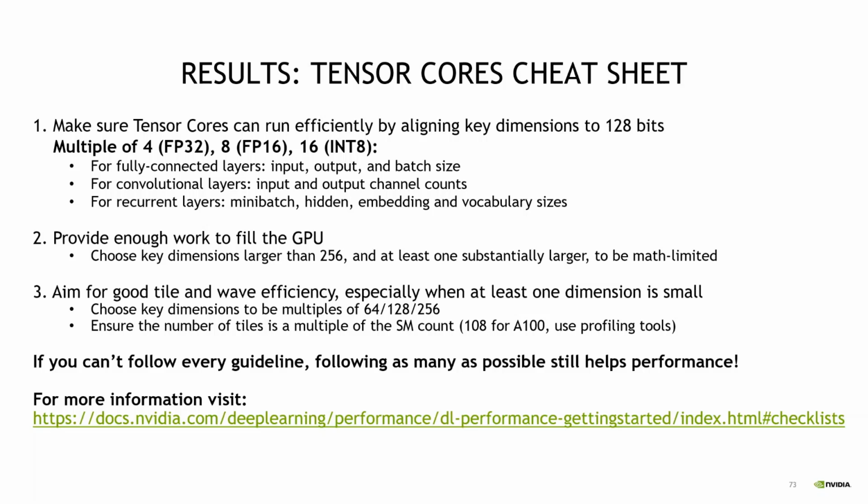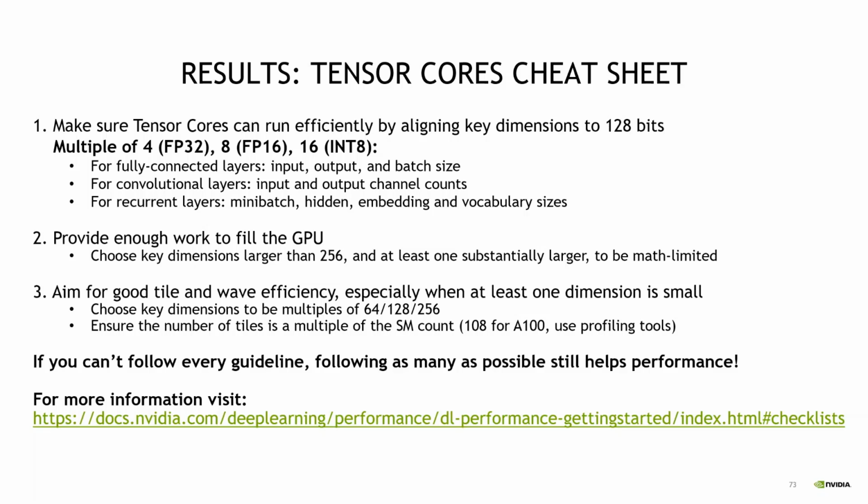What are some best practices to use in your training and inference pipelines? It's hard to take into account all of the nuances, but practical advice and a cheat sheet are provided on the slide. So first, make sure Tensor Cores can run efficiently by aligning k dimensions to 128 bits.